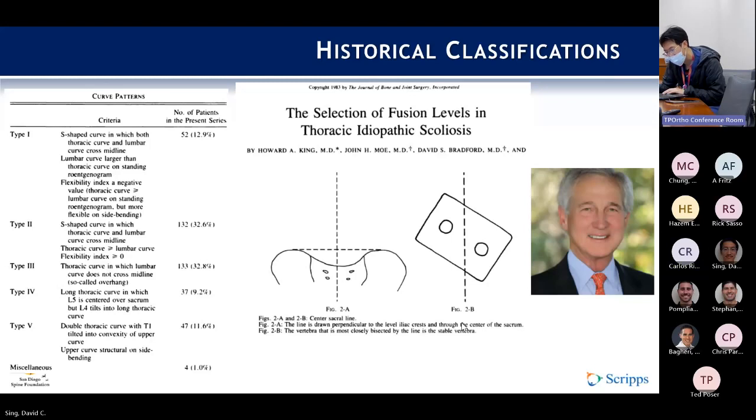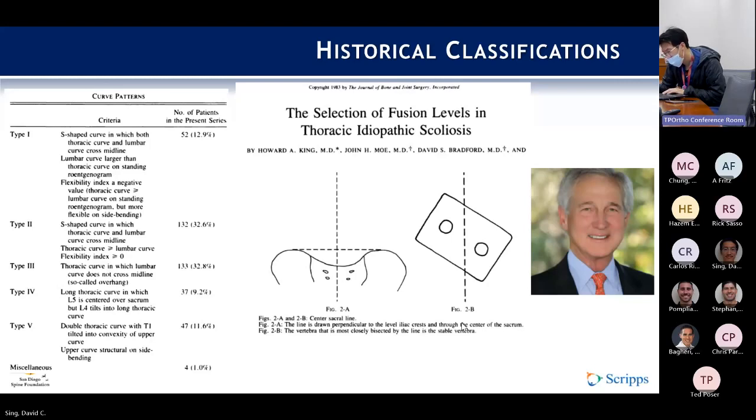And they also described bending films, which was a proxy for flexibility, and specifically their type 2 curve. They found a high rate of success for selective fusion, meaning if the patient was thought to be flexible, they would only address the main curve and allow for compensation of the secondary curve.